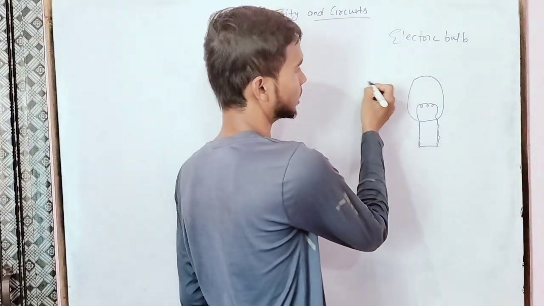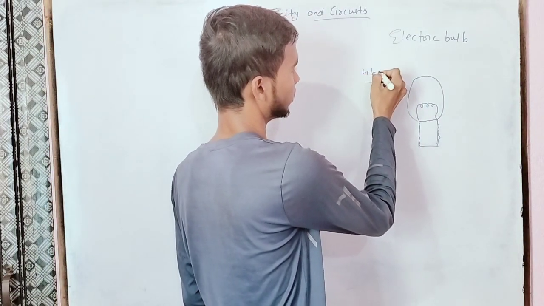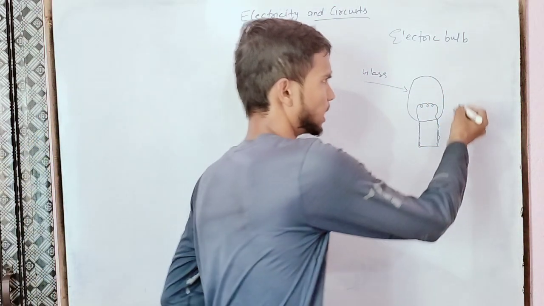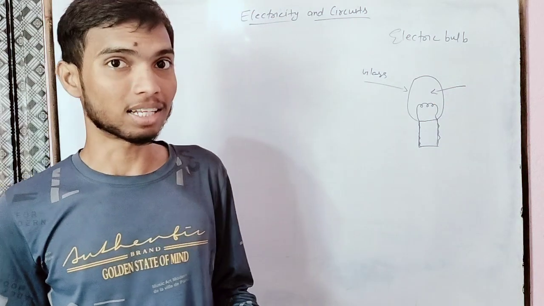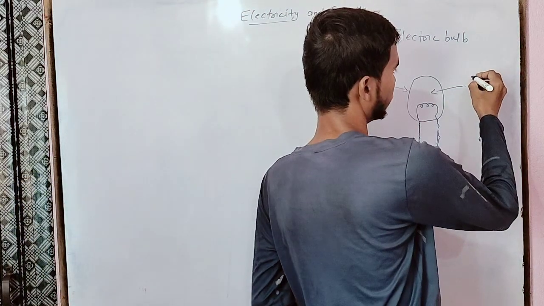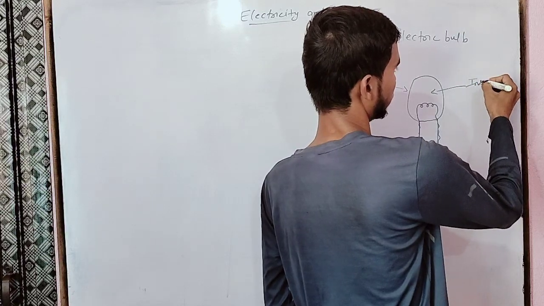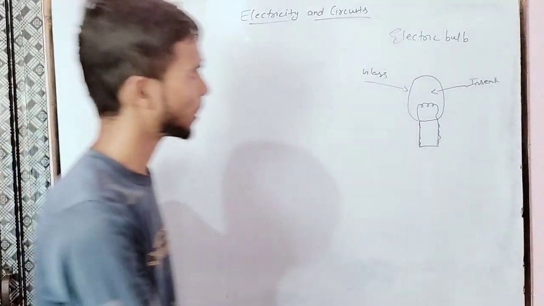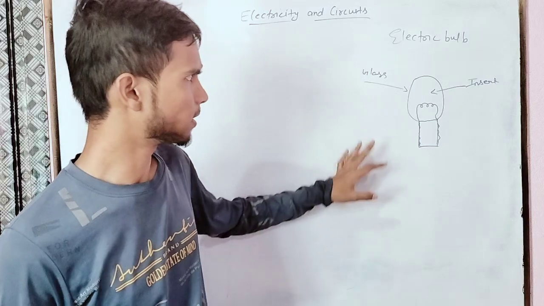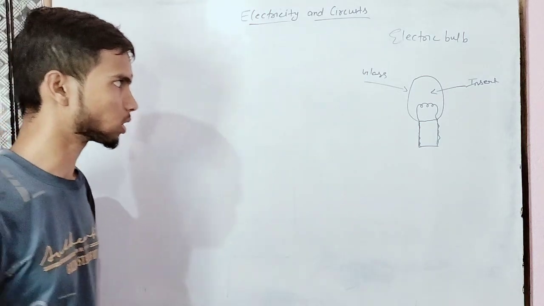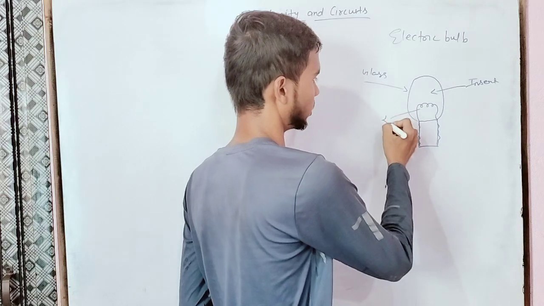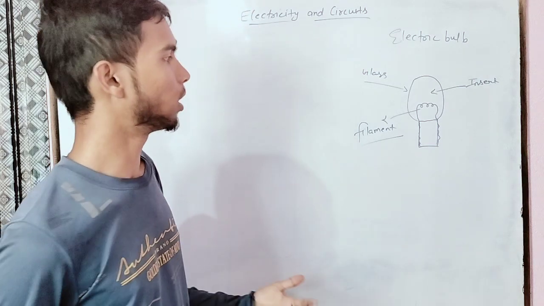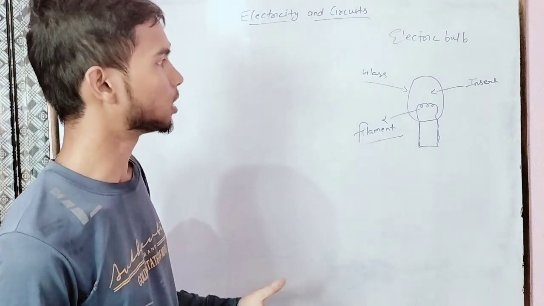Here, this upper surface is glass. Inside there is a gas whose name is inert. So the upper surface is a glass surface. Now this is a filament, and you will understand more about the filament.